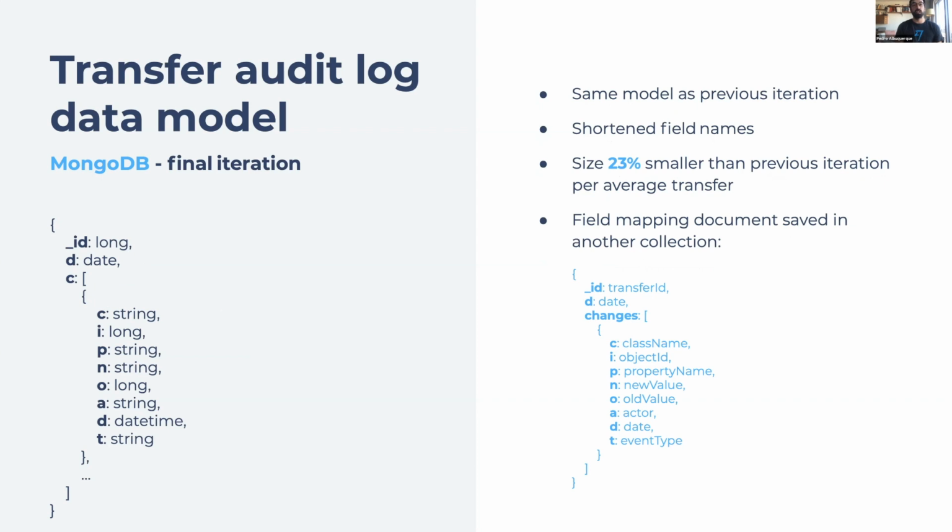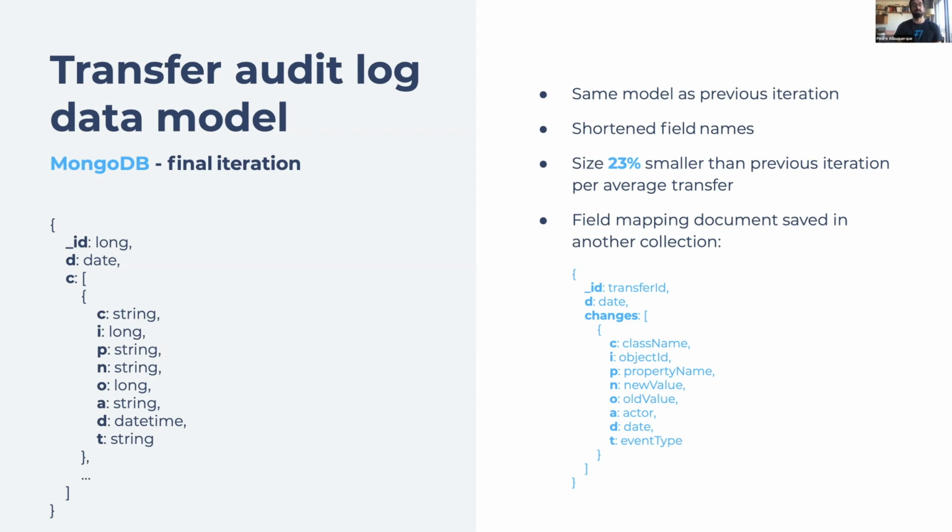The third and final iteration uses the exact same schema model as the previous one. There is one particularity, which is the application of one of the several best practices indicated by MongoDB, the use of shortened field names. This gave us an even smaller footprint than the previous iteration per average transfer.